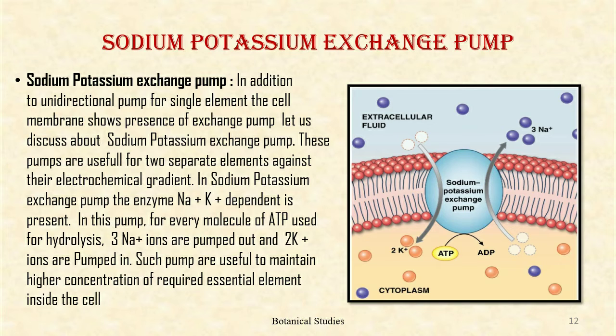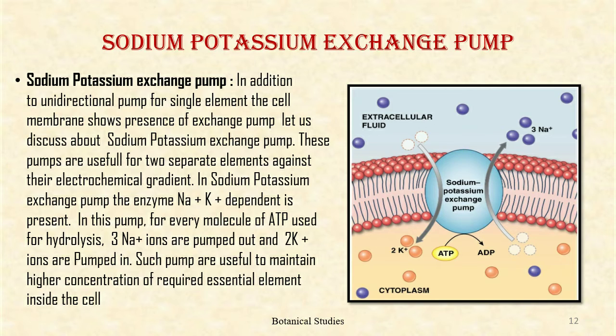Sodium potassium exchange pump. In addition to unidirectional pumps for a single element, the cell membrane shows the presence of an exchange pump. Let us discuss the sodium potassium exchange pump. These pumps are useful to separate elements against their electrochemical gradient. In the sodium potassium exchange pump, the enzyme Na+ K+ dependent ATPase is present.